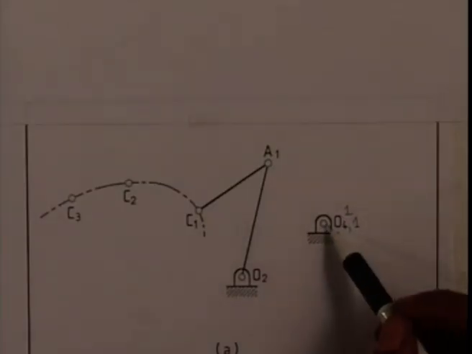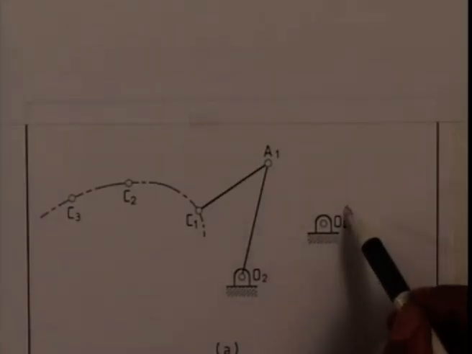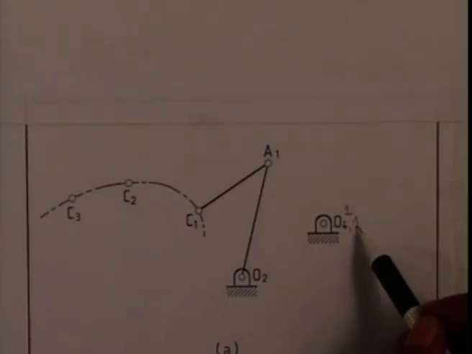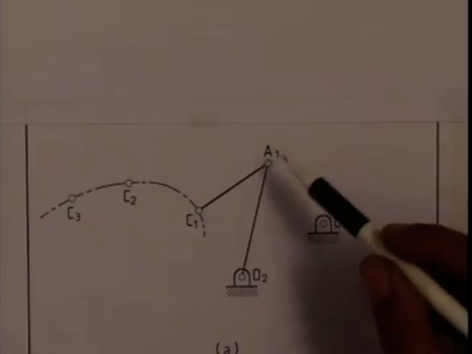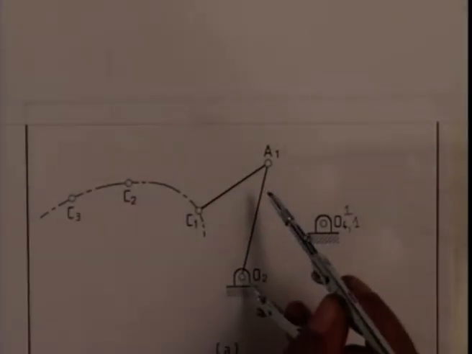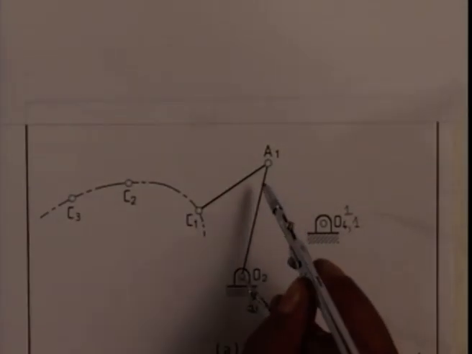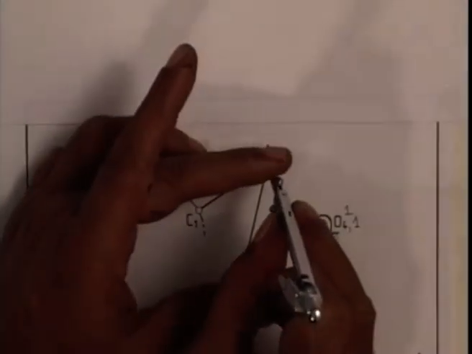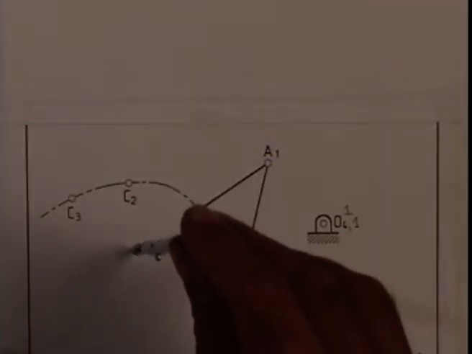We have to determine O4 2 1 and O4 3 1 corresponding to the 3 positions of the linkage. To do this, we proceed as follows. First, we determine the location of this moving hinge A corresponding to the other 2 configurations.